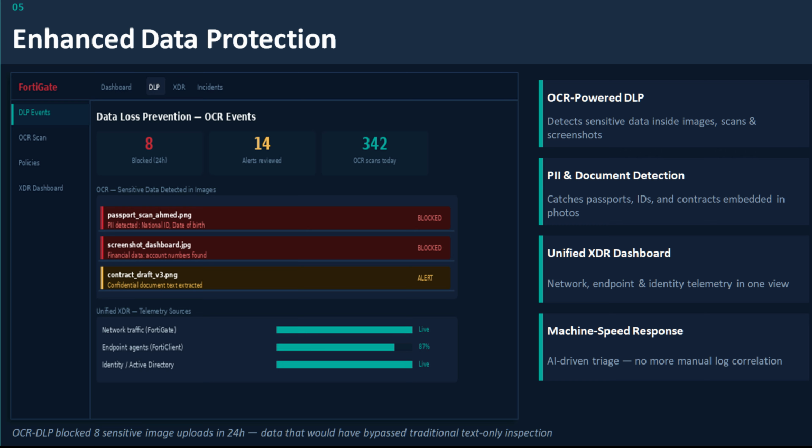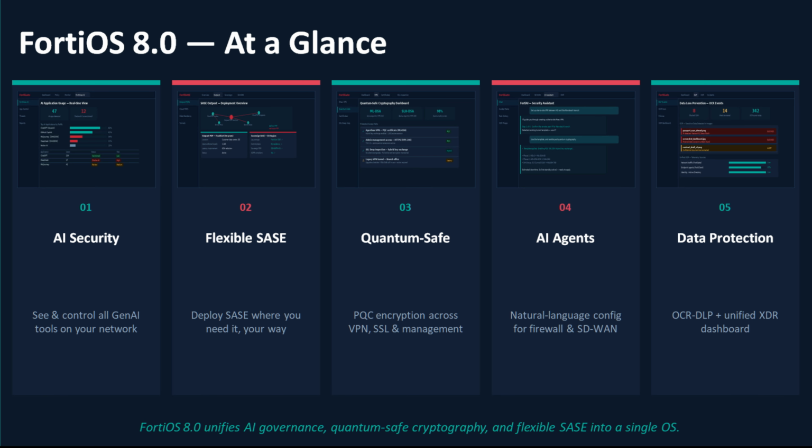With this new feature, it can read screenshots and detect sensitive data inside images, scans, and screenshots. It can catch passwords, IDs, and contracts, as I told you. Those are the new features that came with this new release of FortiOS 8.